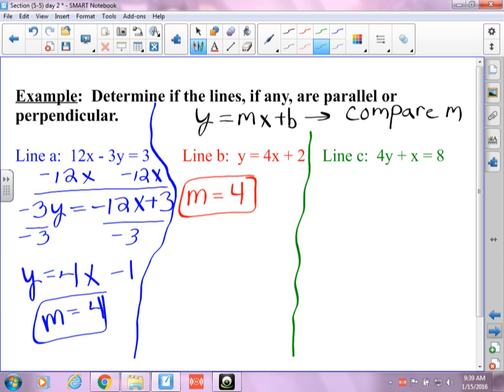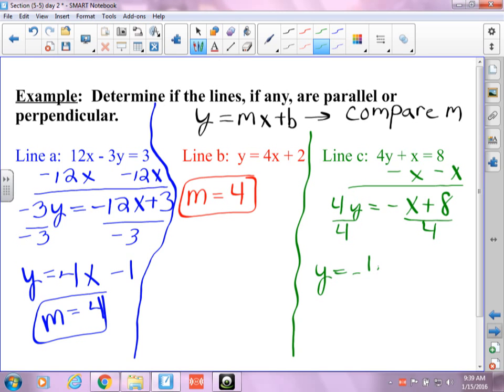What about line C? So I need to do what first? Subtract x. So 4y equals -x plus 8. Now what? Divide by 4, right? So y equals -1/4 x plus 2.